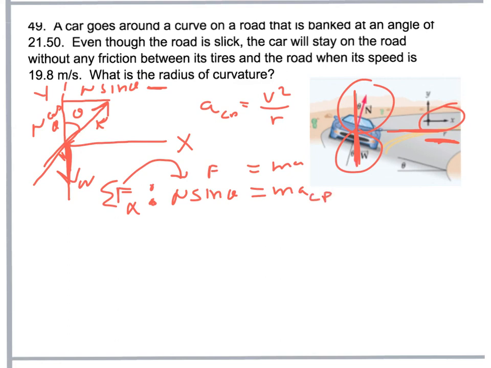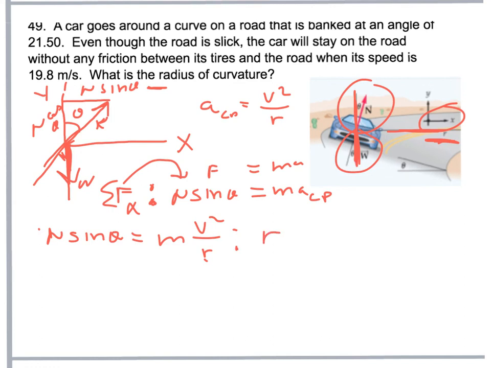So we can now substitute that in. Let's come back over here, and we'll write our equation over here. n sine theta is going to equal ma, but a equals v squared over r. So now we can solve for r. R is in the denominator, so we bring it up to the numerator, cross multiply.